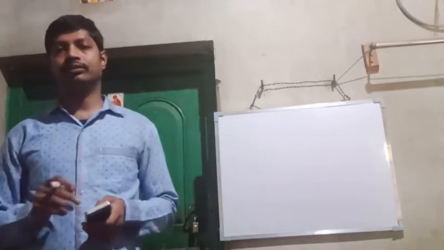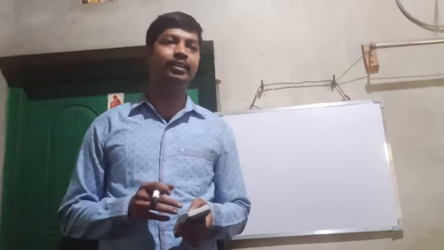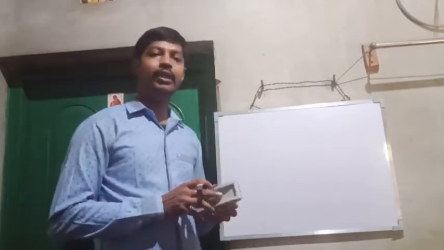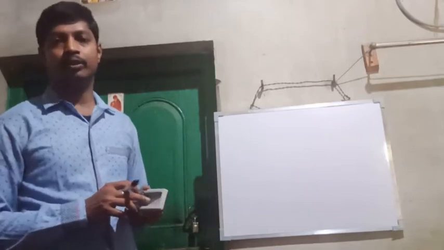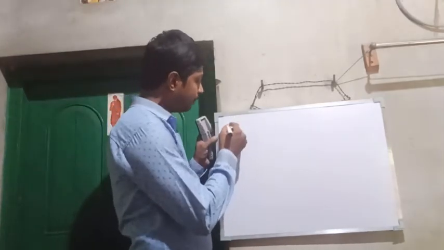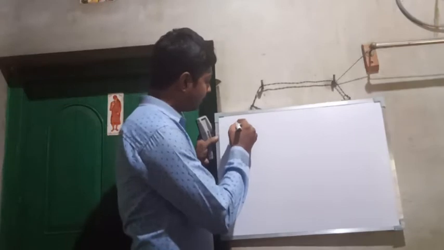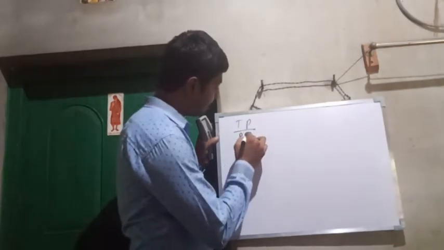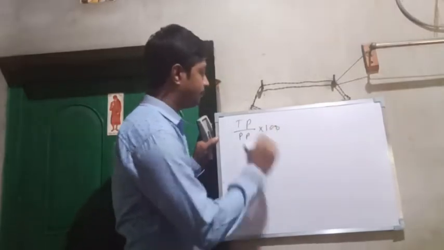There are two methods to decide who will be the winner. What are they? First, the British method. In the British method, it is TP by PP into 100.